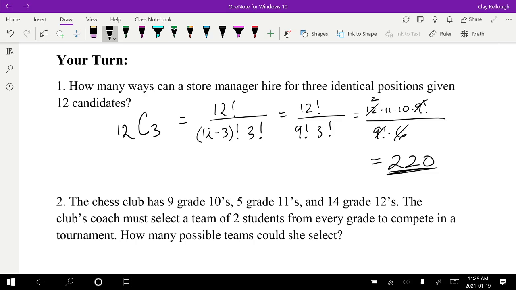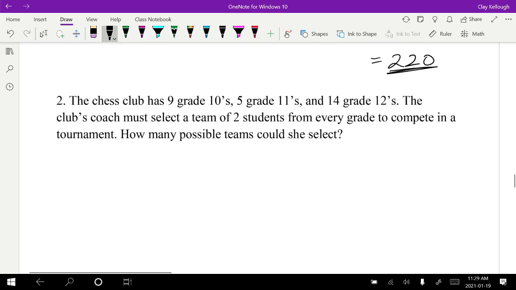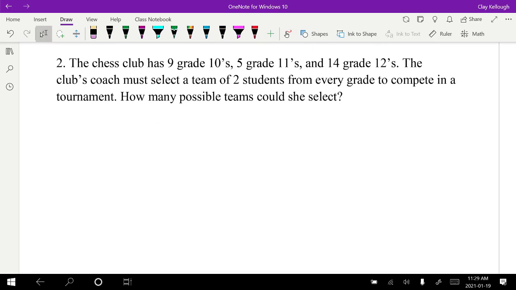Okay, number 2. This one I think I'm going to need a calculator for. The chess club has 9 grade 10s, 5 grade 11s, 14 grade 12s, and 2 kids from each grade have to make up the team. So 9 choose 2 gets me my grade 10 students, 5 choose 2 gets me my grade 11 students, and 14 choose 2 gets me my grade 12 students.